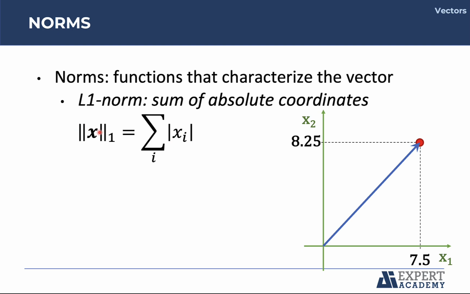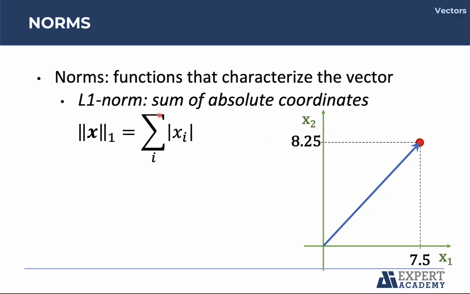With these two bars, we are not going to consider if the number is positive or negative. We are going to extract the absolute value of the number. Then we sum all the values according to xi. In this example, there are only 2 coordinates, x1 and x2.